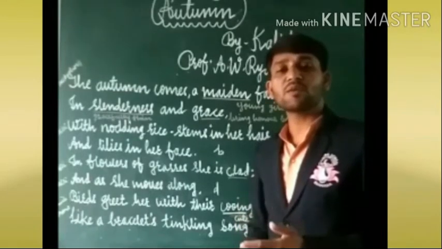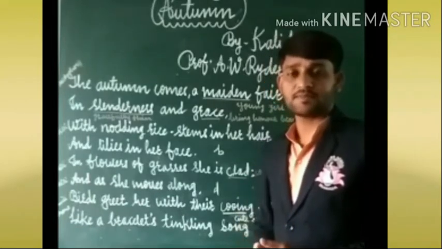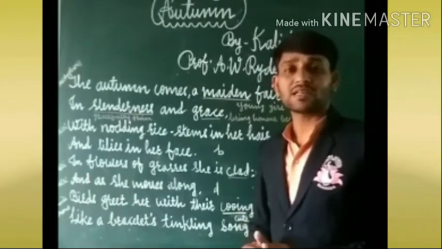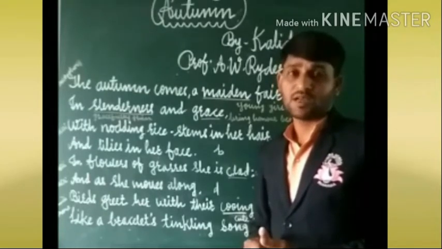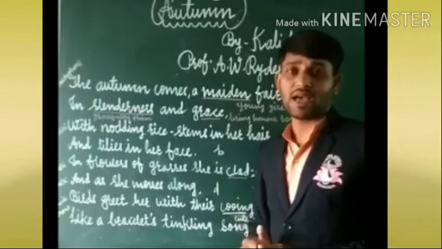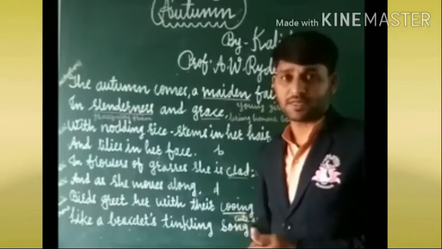Autumn, this poem is written by the Sanskrit poet Kalidas. He was a writer and composer of mythological works. Ramayana, Mahabharata, he has recited and he made a number of versions over it.